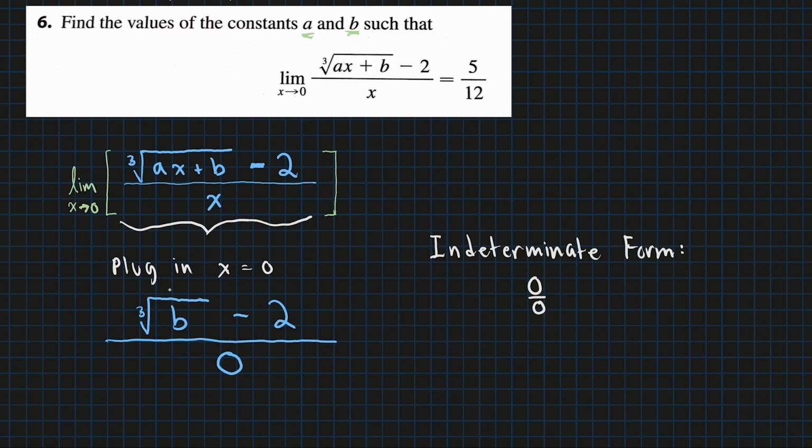So we know that when we plug in what x is equal to, we have to get indeterminate form, which is 0 over 0. Well, we know our denominator is already 0, so our numerator must also be 0. So if we know our numerator is 0 and we just have b here, we can find b.